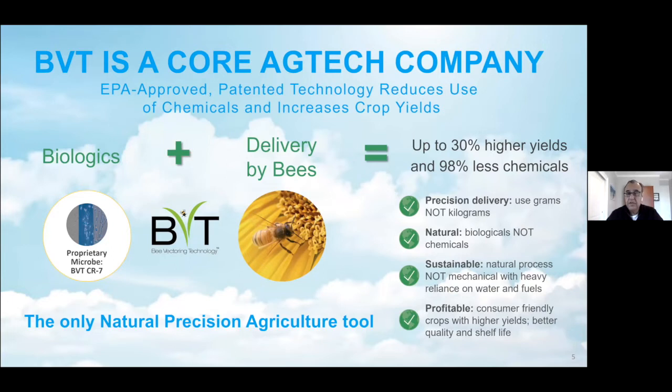We have proven that this technology can deliver up to 30% increases in yield for the farmer and reductions in the use of chemicals and pesticides in general by up to 98%. And of course, on top of that, the environmental footprint of this technology is very, very small. We don't use any water, no reliance on heavy machinery, and of course, it's an all-natural and biological system versus chemical.